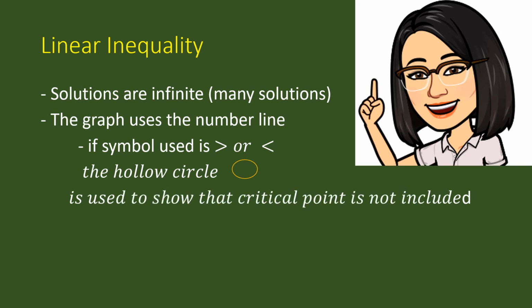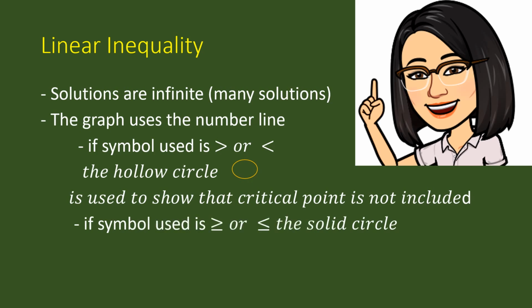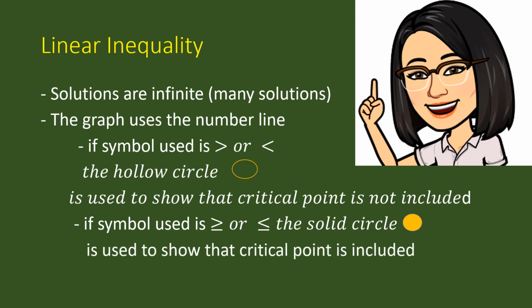On the other hand, if greater than or equal to or less than or equal to is used in the inequality, the solid circle is used. This is to show that the critical point is included.